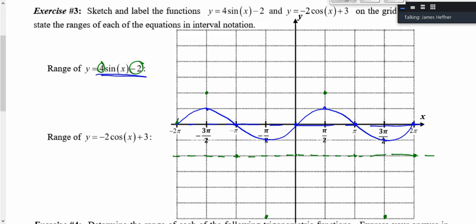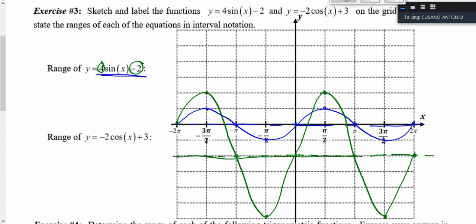So let's sketch this out here. I'm being a little sloppy, sorry. I think you did the -2 pi. You didn't put it on, it's supposed to be down 2. Yeah, that's where our midline is. Yep, right here, -2 pi.